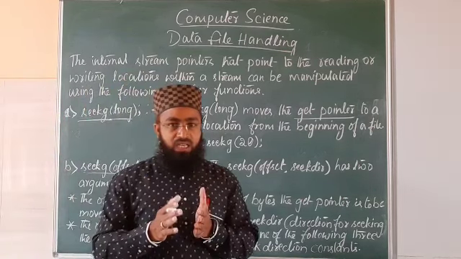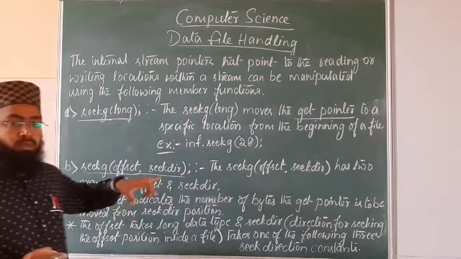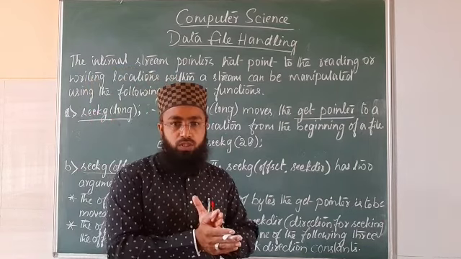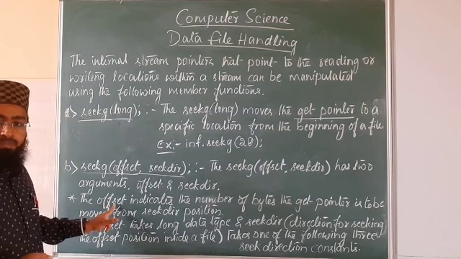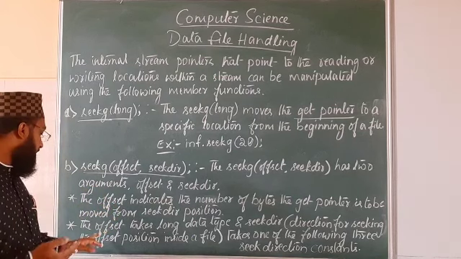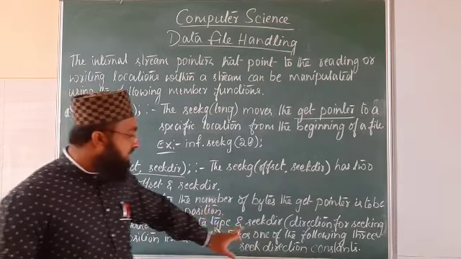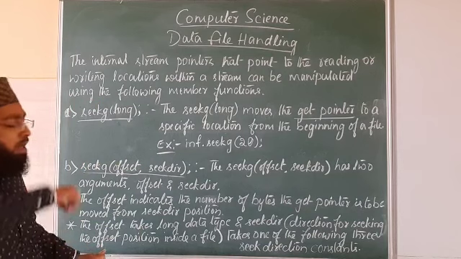From the seekdir position, that indicates how many bytes the pointer has to be moved. The offset takes long data. Whereas seekdir means direction for seeking.